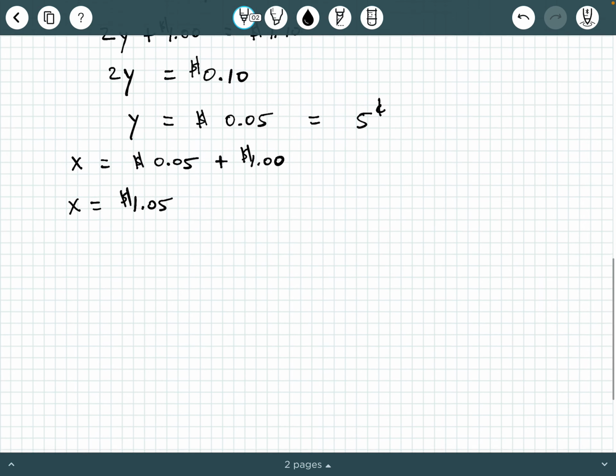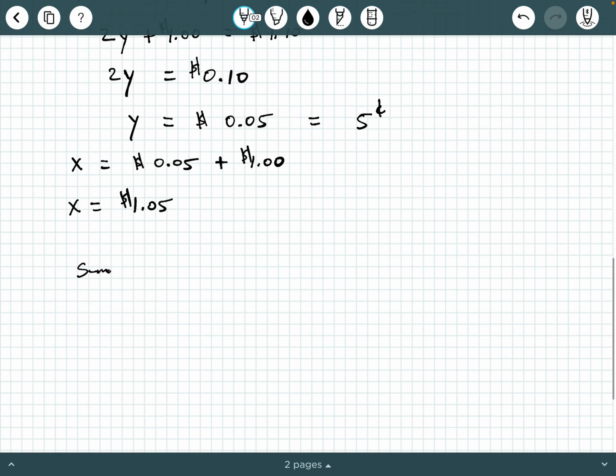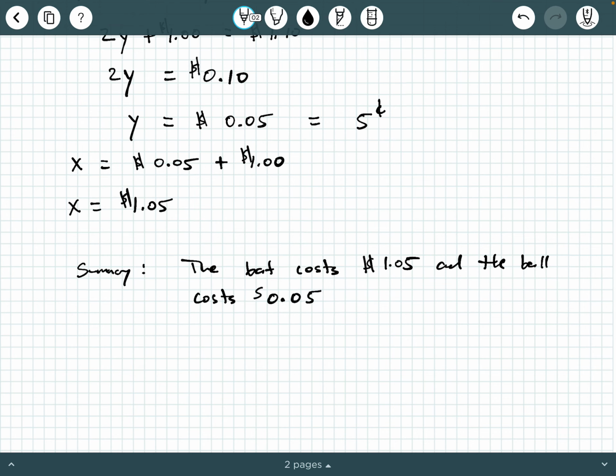So finally, in summary, the bat costs $1.05 and the ball costs $0.05, which is 5 cents, of course.